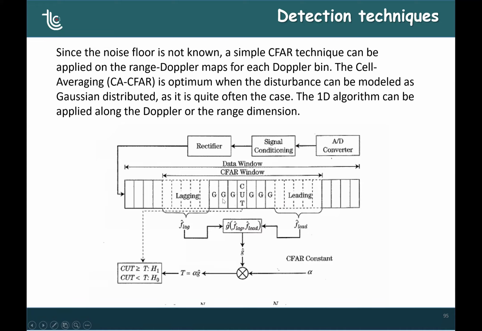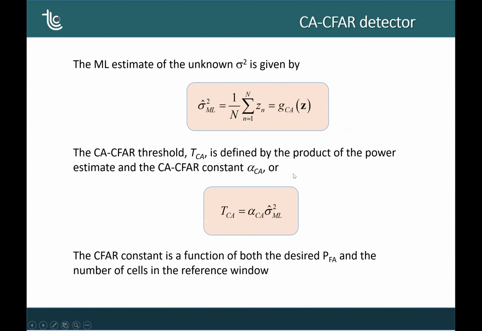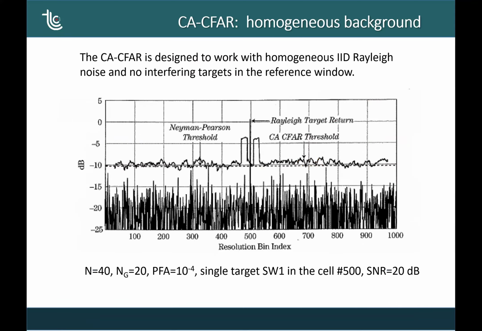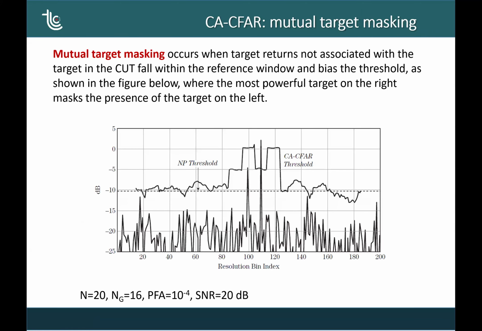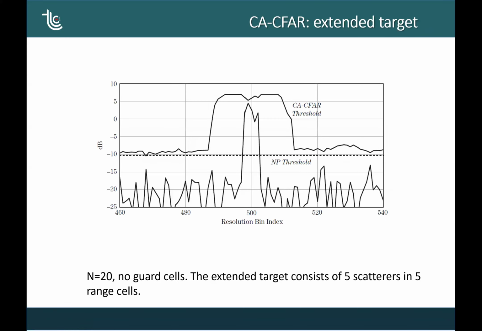So we were taking, for estimating the power, only these samples, skipping the guard cells before and after the cell under test, and taking all these values and these values. So in the figures that we look at, there are 20 range cells, and here there are 16 guard cells, okay? Here, there are no guard cells.